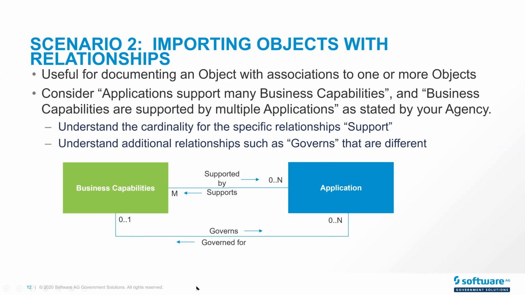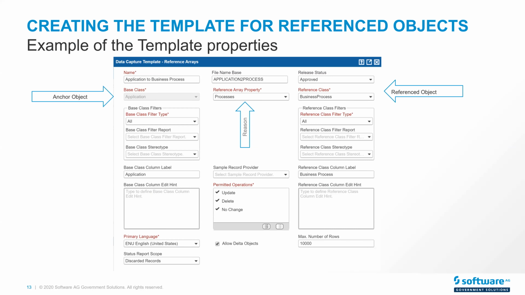So what we'll do is we'll get down into the difference between the data capture template and what its properties are. And so in Alphabet, what we have is, say, an application to business process or business capability is the name of the objects that we want to connect. The base class is the anchor object as far as I can see. It's an application object.